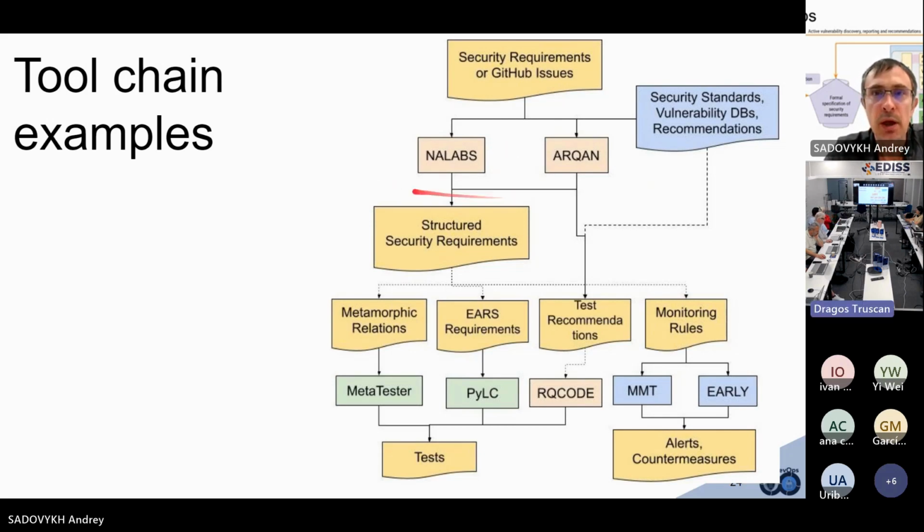So our tools like NullApps, like Archon, can help automatically verify or qualify those requirements for how good they are, if they are well written and understandable, or do they relate to security.